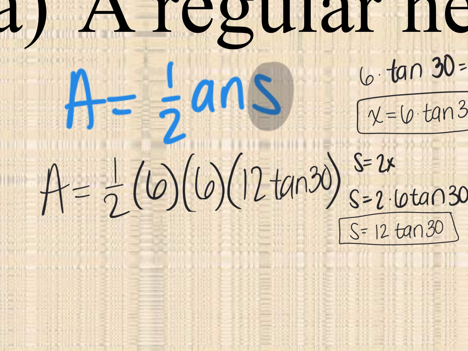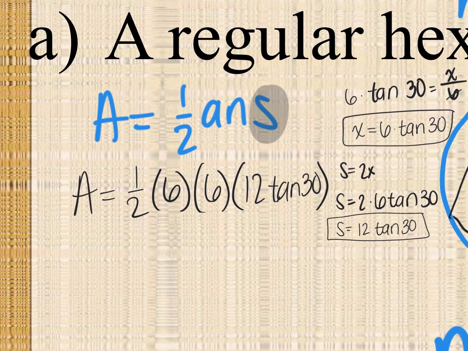In your calculator, you are literally going to type in all of those values. So do 0.5, or 1/2, times 6, times 6, times 12, and times the tangent of 30.